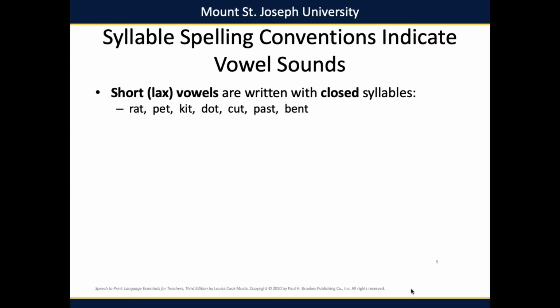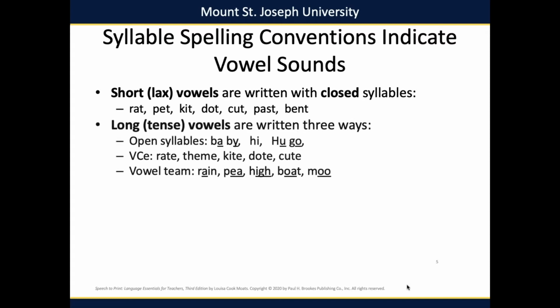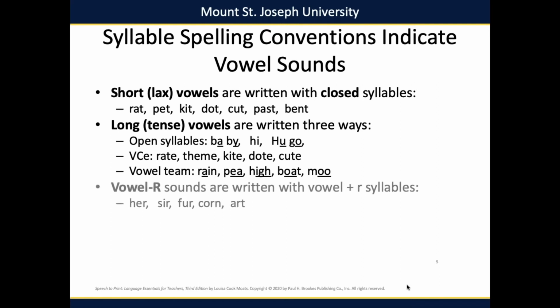The value in teaching written syllable types to students is helping them have a strategy for correctly determining the sound the vowel in that syllable makes. Here is a representation of how the spelling patterns in syllables indicate the vowel sounds. Learning these conventions helps students spell, but also helps them read accurately, which contributes to reading comprehension.